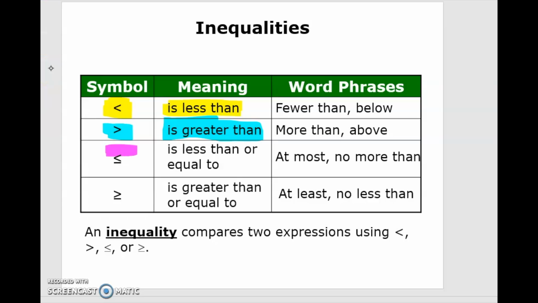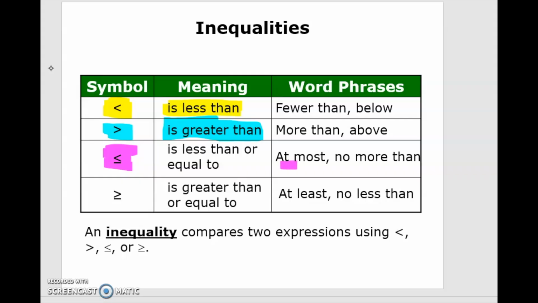Then we've got our less than or equal to. So that means the amount is smaller or the same as the other amount. So remember that inequalities are comparisons. So less than or equal to means the number we're talking about is the same or smaller than the number we're comparing it to.